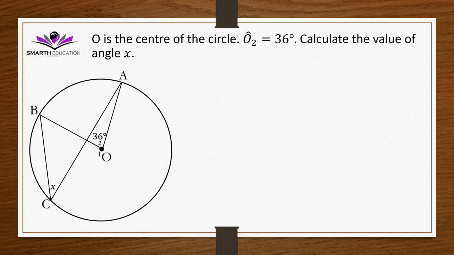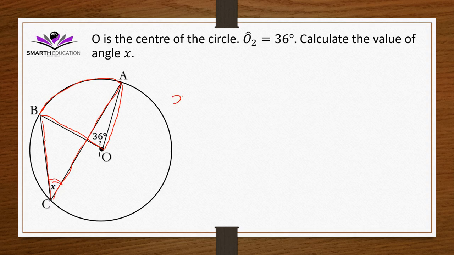So there is arc AB here, or BA. This arc here subtends this angle at the center, which is 36. And then it subtends this other angle here at the circumference. The arc AB subtends the angle at the circumference. So it means x is half of 36.